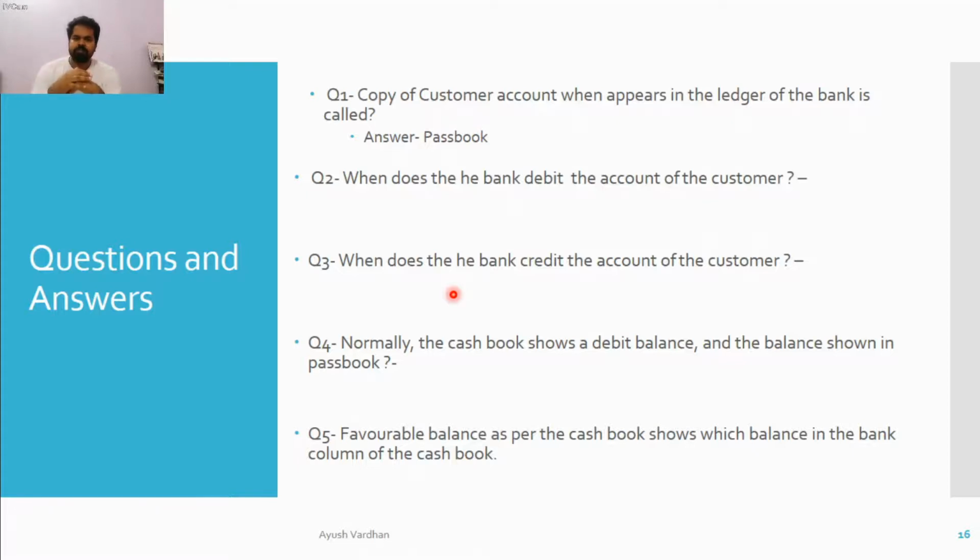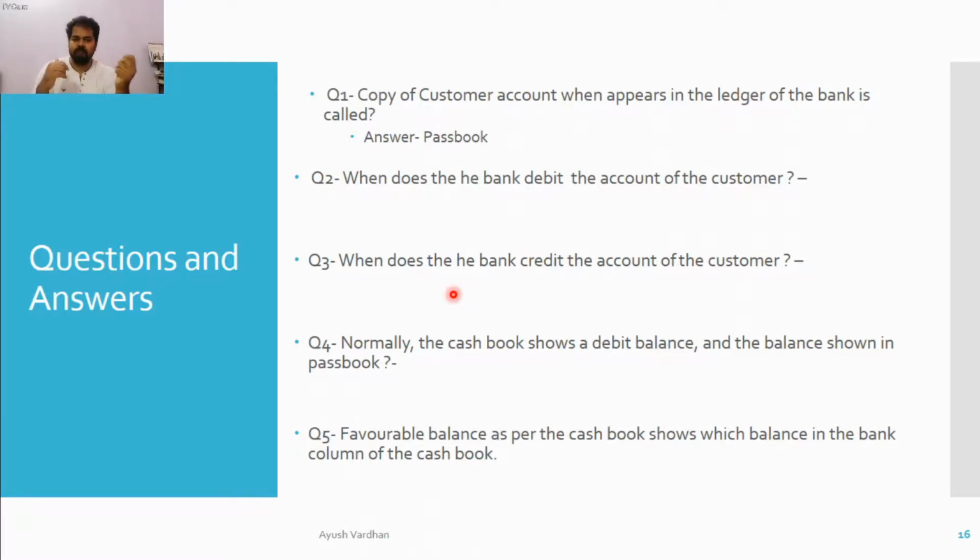Next question is: when does the bank debit the account of the customer? This is some misprint, but the question here is: when is a debit entry made into the account by the bank in your passbook?